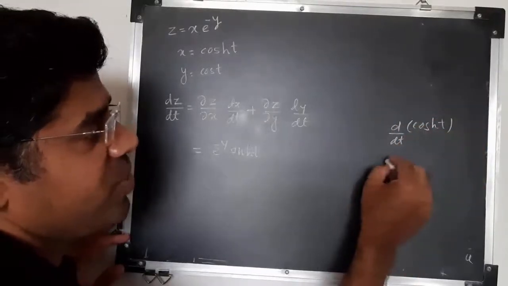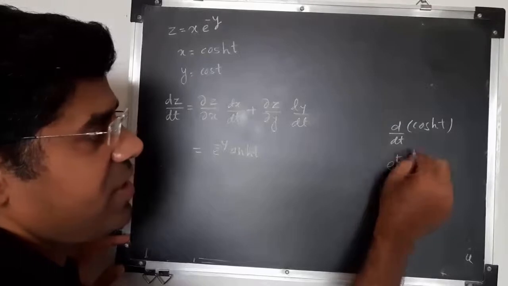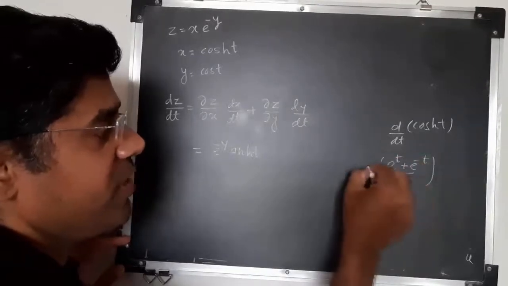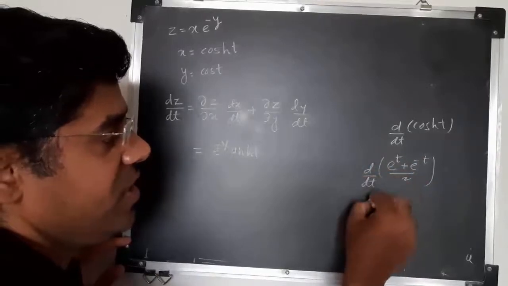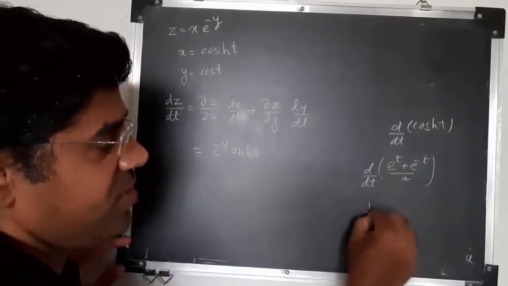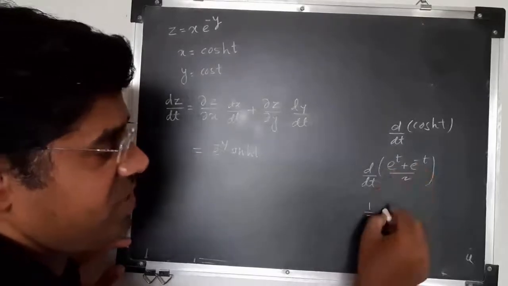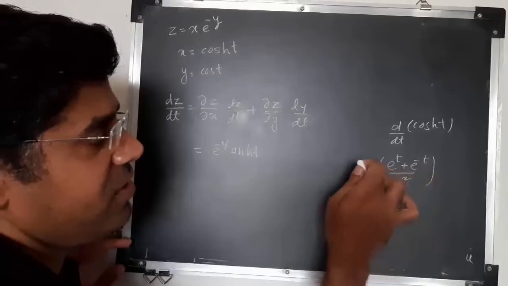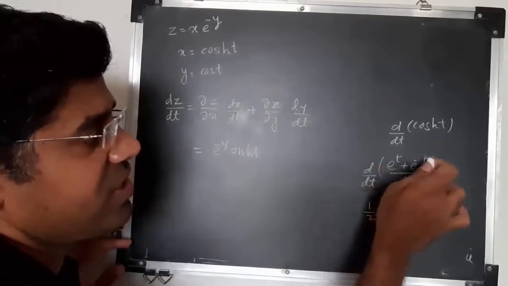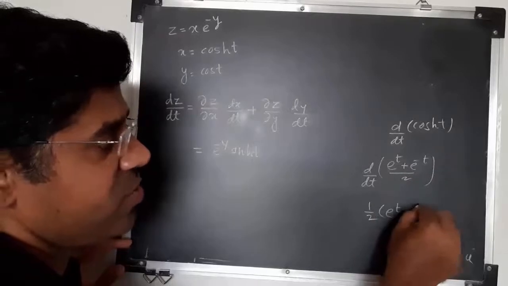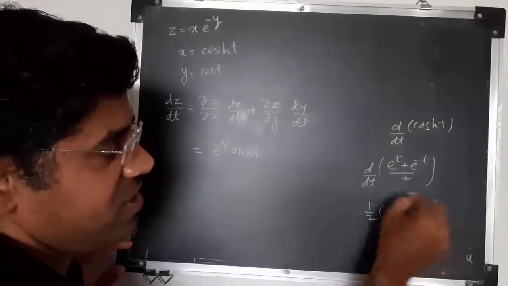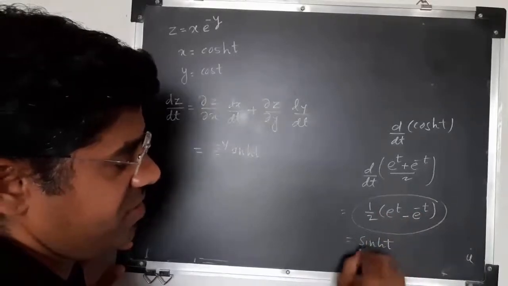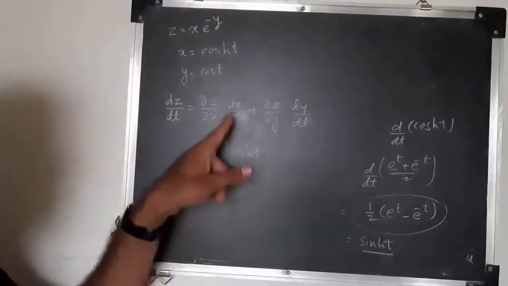How can we write cosh t? e raised to t plus e raised to minus t upon 2, and you want to take d/dt. So half is outside, so e raised to t, and again the differentiation of e raised to minus t is minus e raised to minus t. So this is nothing but sinh t. That's why we have written dx/dt directly.